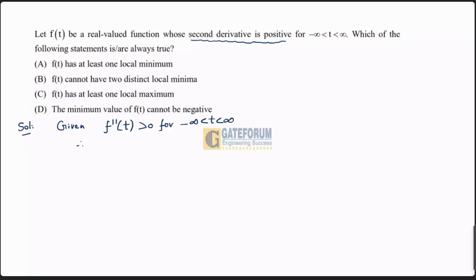Therefore, when the second derivative is greater than 0, the function has local minima. When the second derivative is less than 0, the function has local maxima. So therefore, f of t has at least one local minimum.